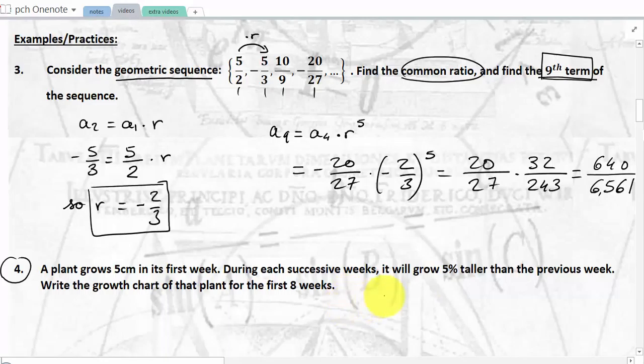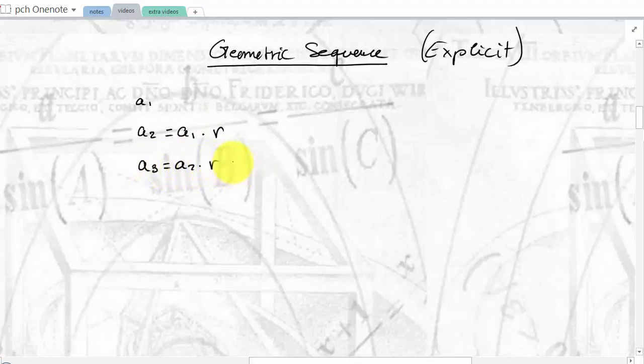Let's continue. So now we're going to derive the explicit formula for a geometric sequence. It's not difficult. Check it out. So you're given A1, and then from A1 you go to A2 by multiplying A1 by R. And then if you multiply A2 by R, you would find A3.